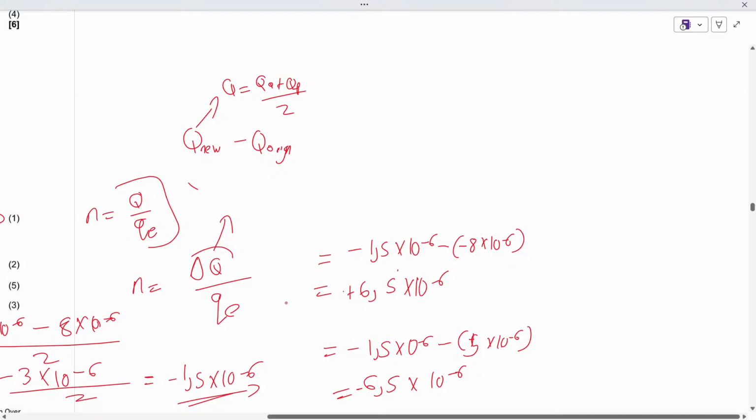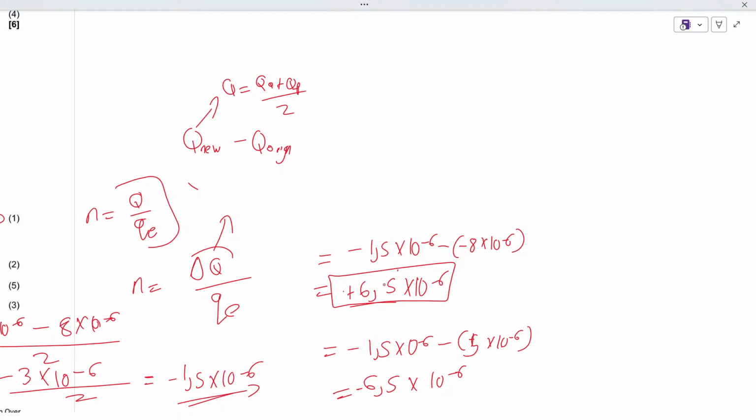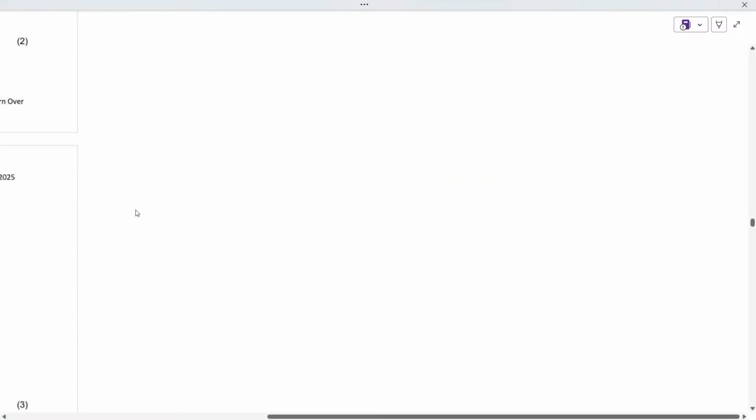Now we use the difference. Because these are the charges which are transferred, the charge transferred will give us the number of electrons transferred. You divide by the charge of an electron, which is 1.6 times 10 to the power negative 19. Let me just confirm it.